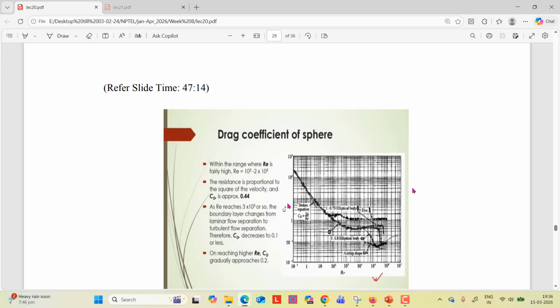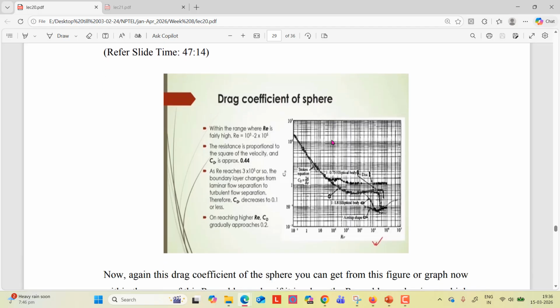So the drag coefficient of a sphere. Within the range where Re is fairly high, right? In this range, the resistance is proportional to the square of the velocity, right? And CD is approximately 0.44. If you calculate this, it is approximately 0.44. As Re reaches 3 into 10 to the power 5 or so, the boundary layer changes from laminar flow separation to turbulent flow separation, as you can see.